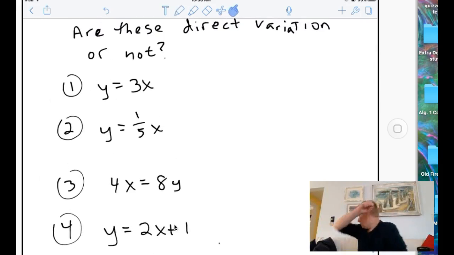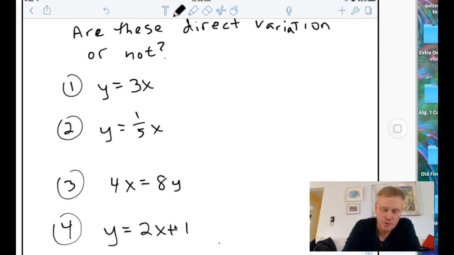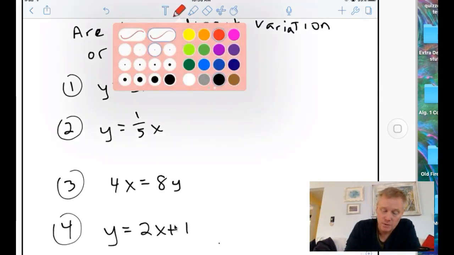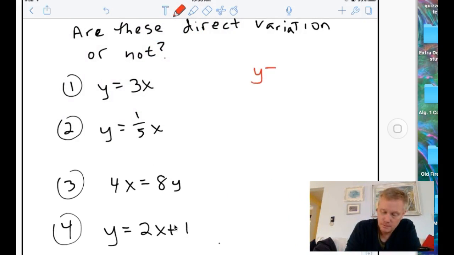If I can manipulate this equation and fit it into y equals kx, then it's direct variation. If it's anything other than that, it's not. And k can be any regular number. In this case, this is exactly the same where k equals 3, which means, yes, that's direct variation.